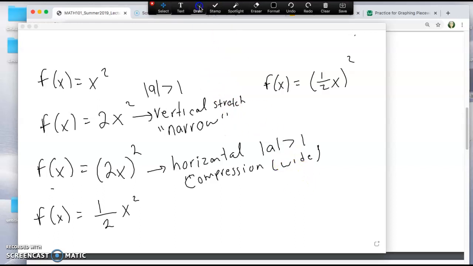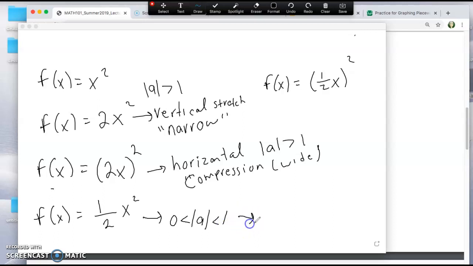Meaning it gets wide. So now let's take a look at something when it's being multiplied by a coefficient of 1/2. So now our coefficient is between 0 and 1, right? 1/2 is 0.5, which is between 0 and 1.